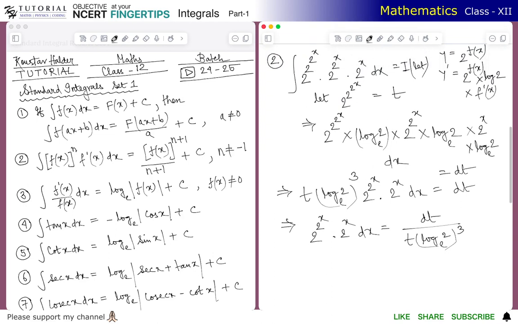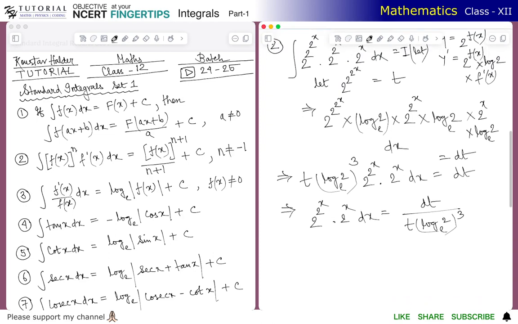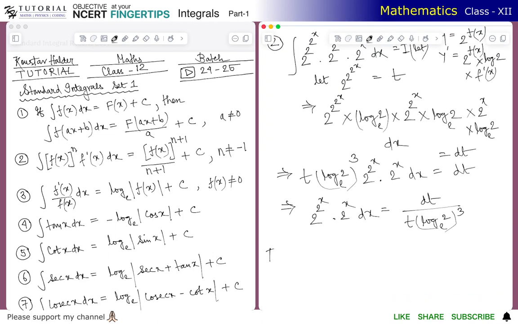Now if I substitute this in the given integral, I get the first term factor was t, and the second becomes dt by t log e 2 cube.